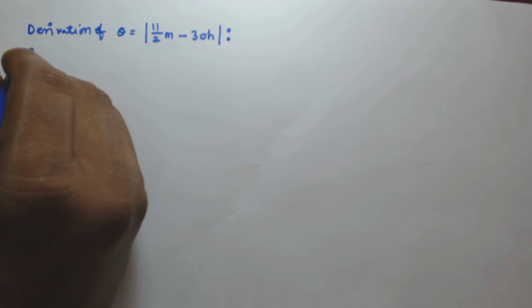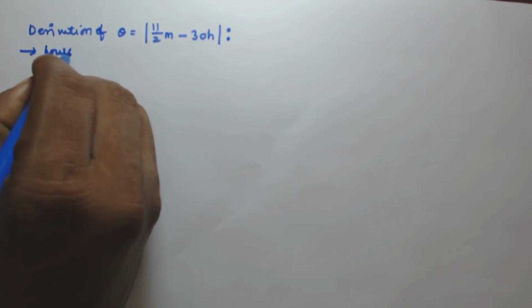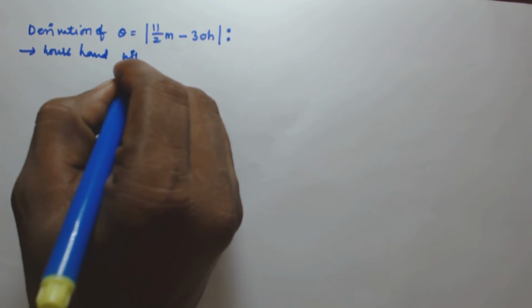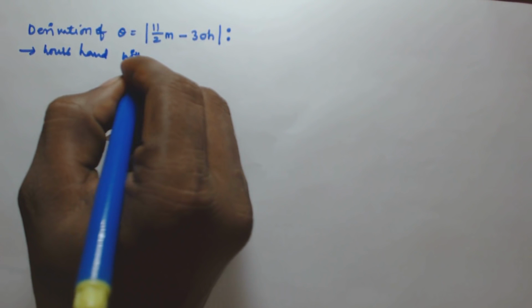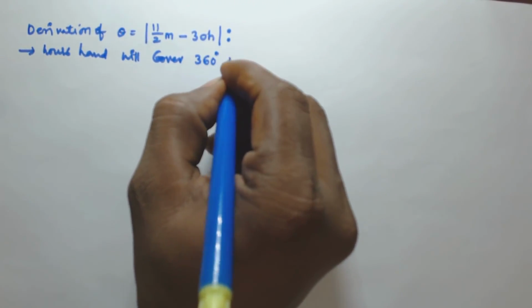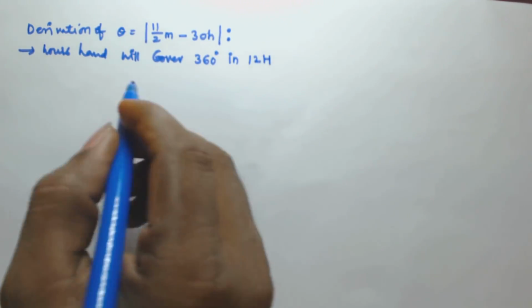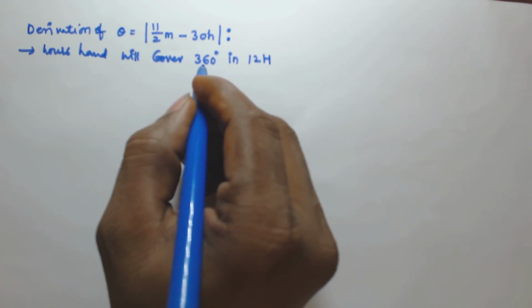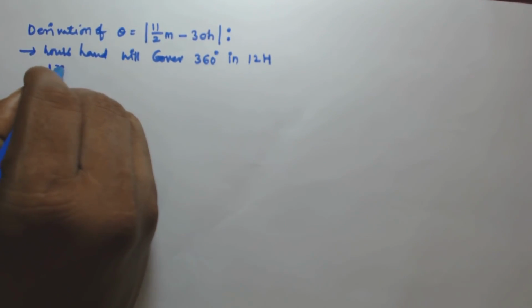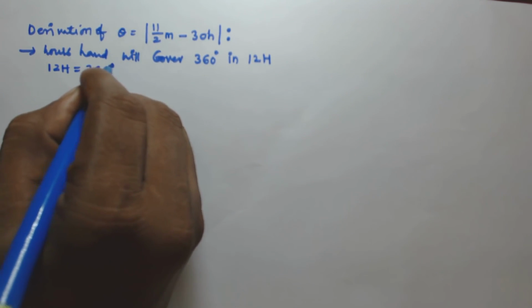That's why we can say that the hours hand will cover 360 degrees in 12 hours. So I can write that 12 hours is equal to 360 degrees, right?